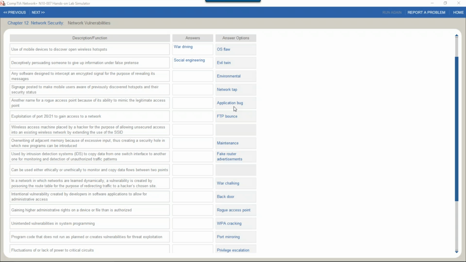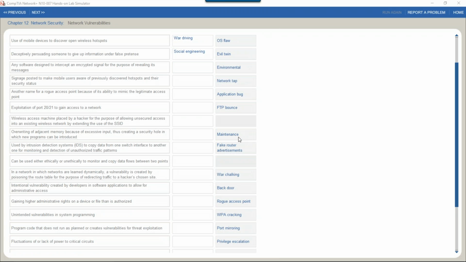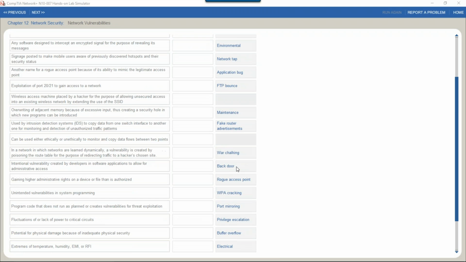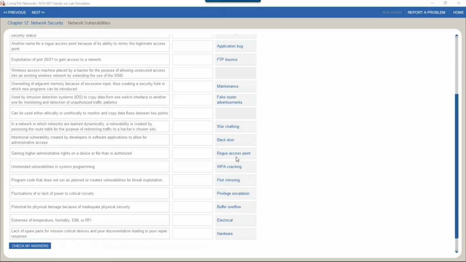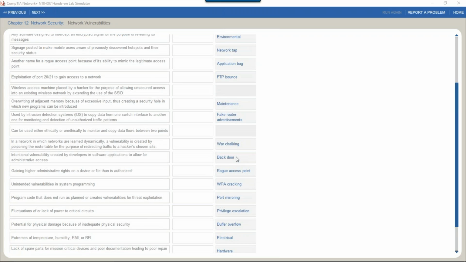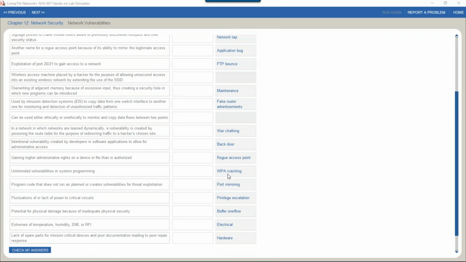Application bug, no, it's not going to be that. FTP bounce doesn't fit, maintenance, no. Fake router advertisements, no. So we're looking for software designed to intercept an encrypted signal. Okay, war chalking, no. Backdoor, no. Rogue access point, it's not going to decrypt anything.